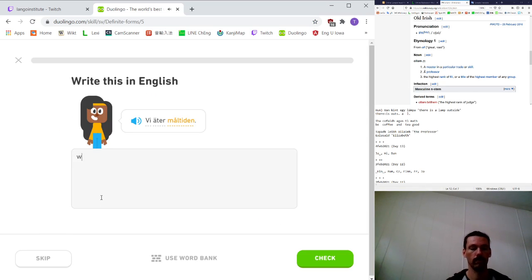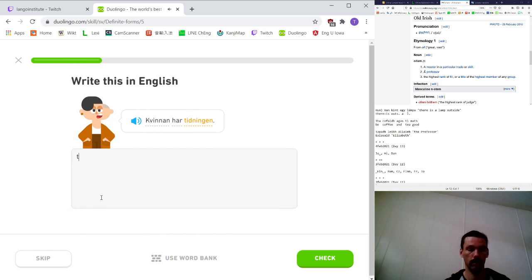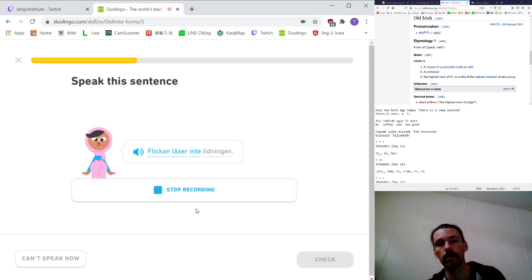Vi äter måltiden. We eat the meal. Flickan läser brevet. The girl reads the letter. Kvinnan har tidningen. The woman has the newspaper. Flickan läser inte tidningen.